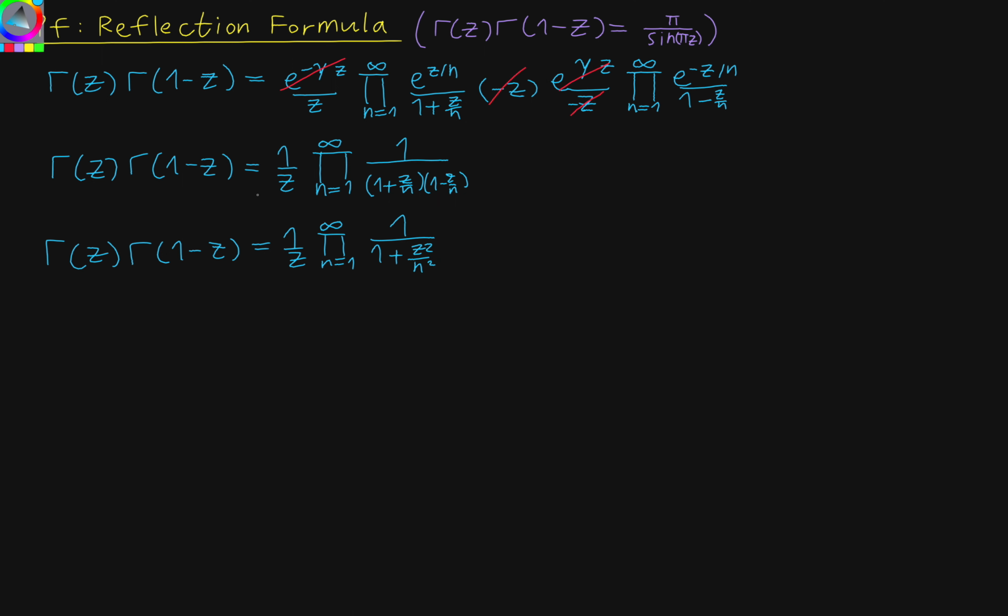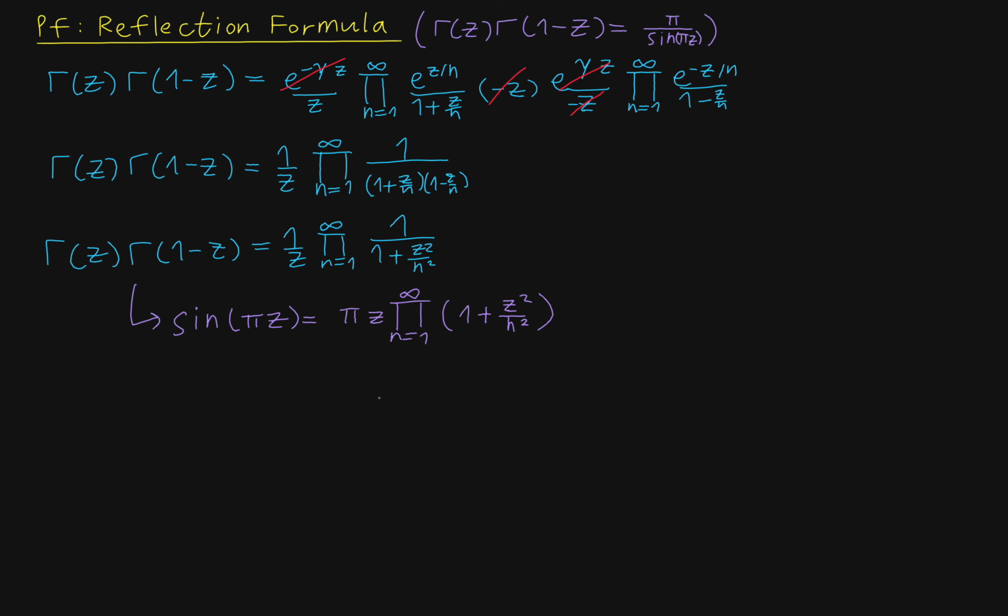Now, again, consider a slight modification of the Weierstrass factorization of sine. So basically, if we plug in pi z, then we're going to have sine of pi z equal to pi z times the product, n equals 1 to infinity, of 1 plus z squared over n squared, right?